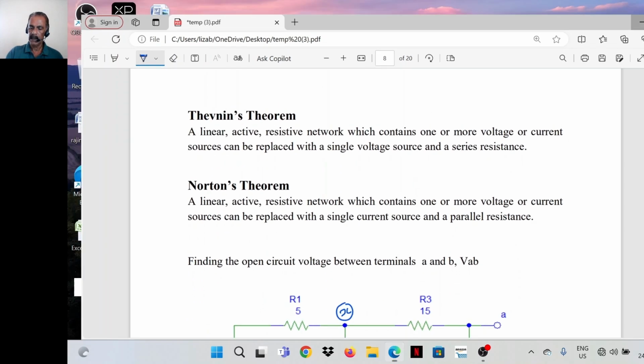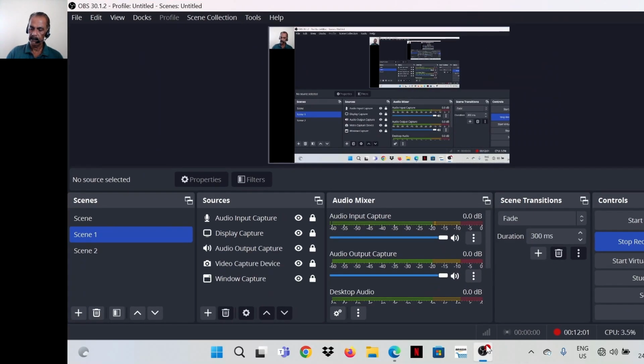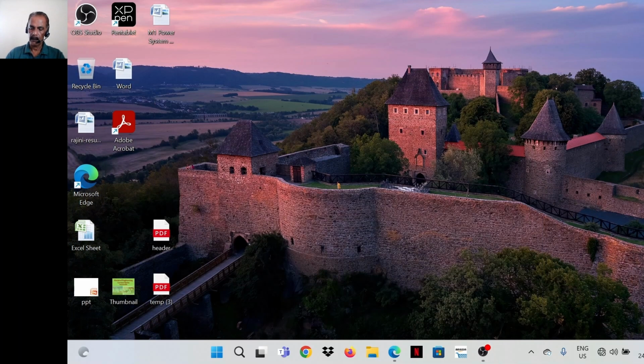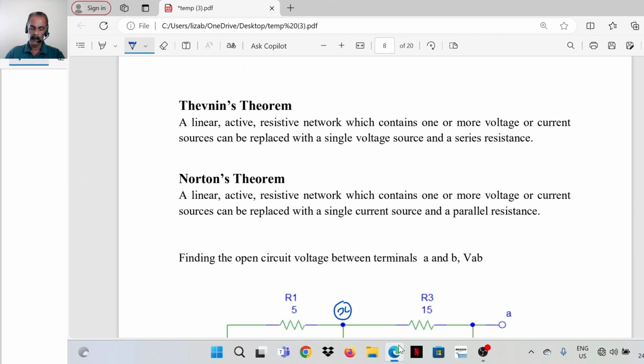Now next is Thevenin's theorem. So the statement of the theorem is that in a linear active resistive network which contains one or more voltage or current sources can be replaced with a single voltage source and a series resistance.